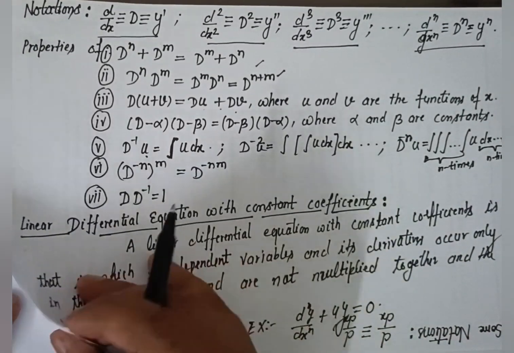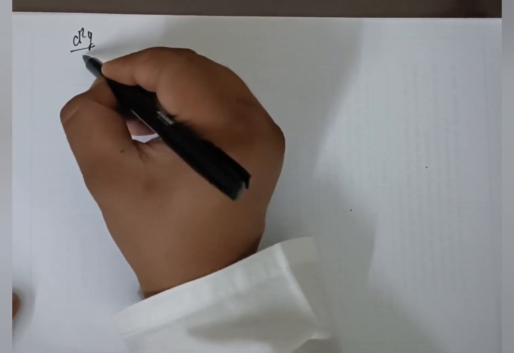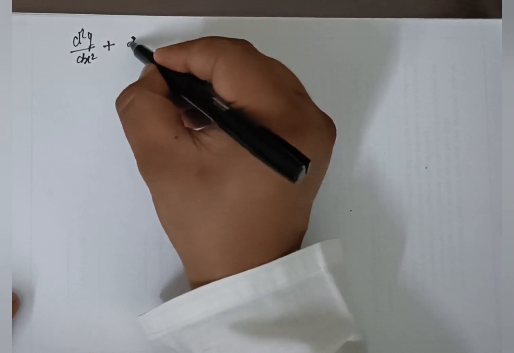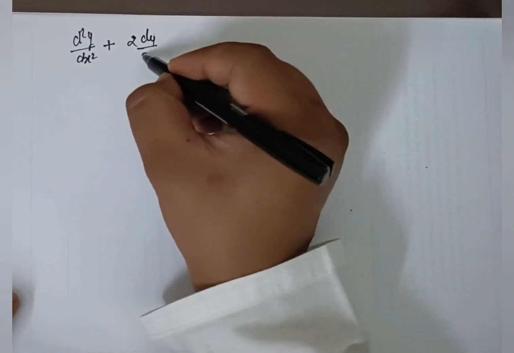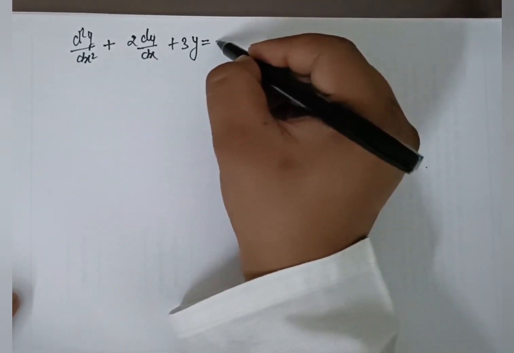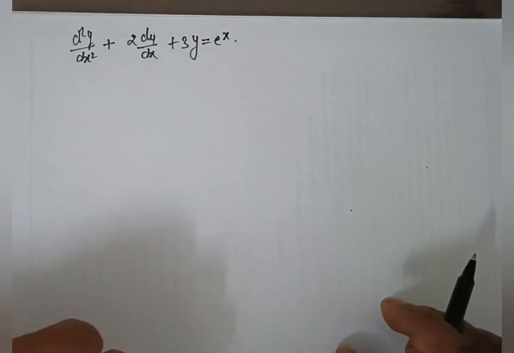Or we can have another example as d square y upon dx square plus 2 dy upon dx plus 3y equals e to the power x, which is another example of a linear differential equation with constant coefficients.